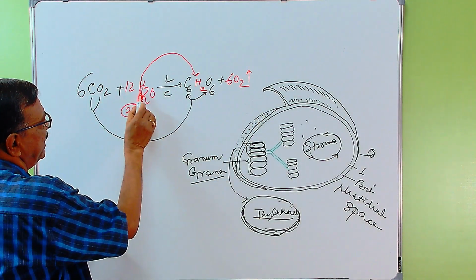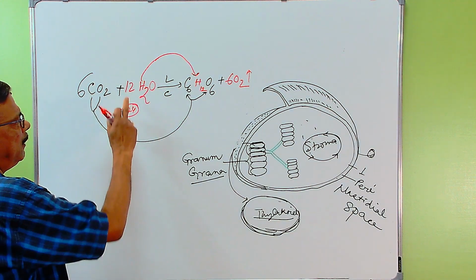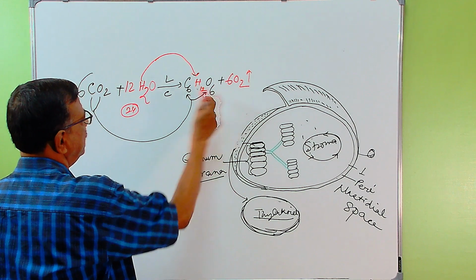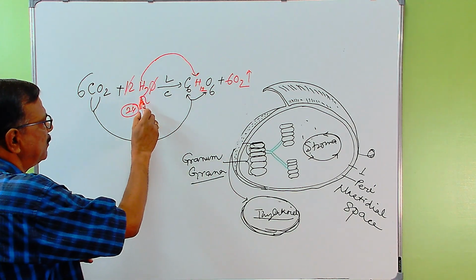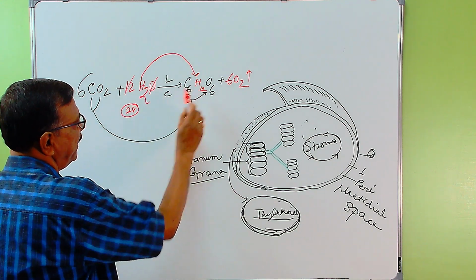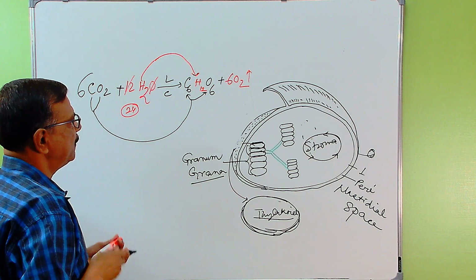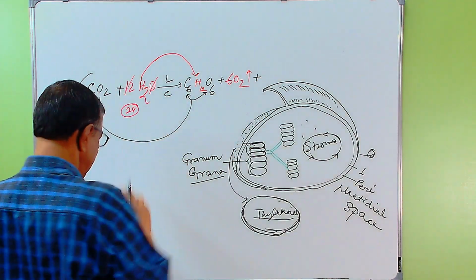Here we have 12 H2O. Out of 12 H2O, that is 12 O. Out of 24 H, 12 we have received here, another 12 left.